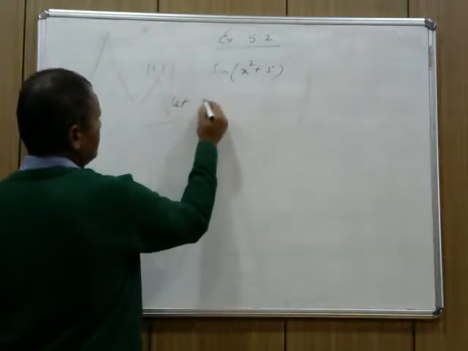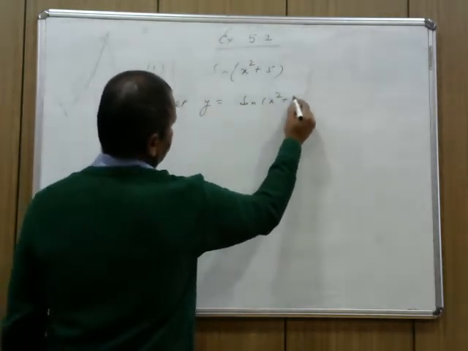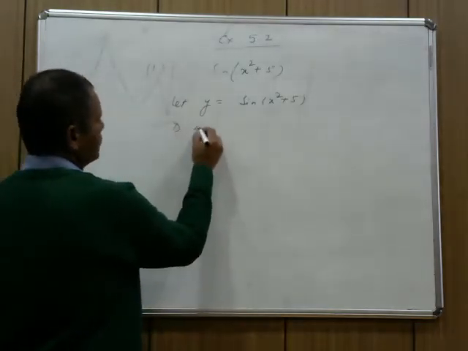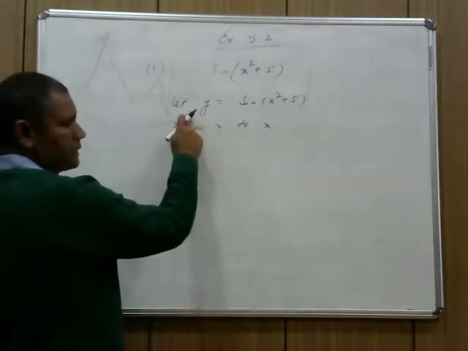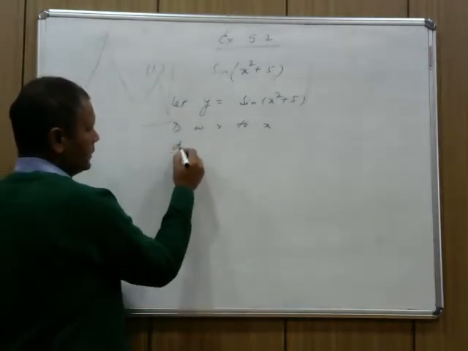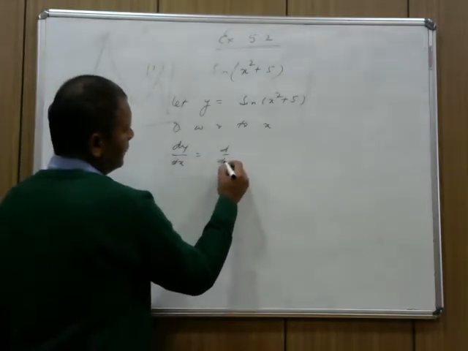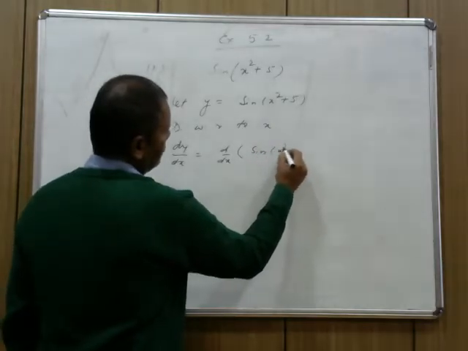Let y is equal to sine x square plus 5. Now we will differentiate with respect to x. Differentiation of y with respect to x, I will write dy by dx is equal to dy by dx of sine x square plus 5.